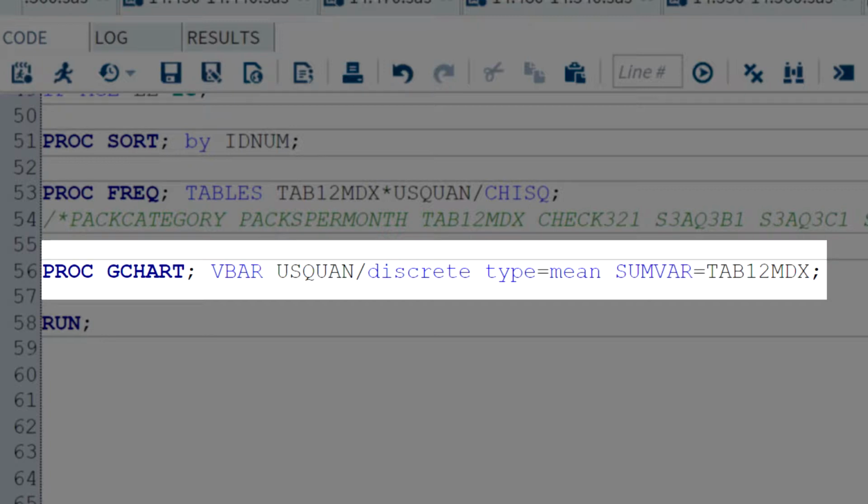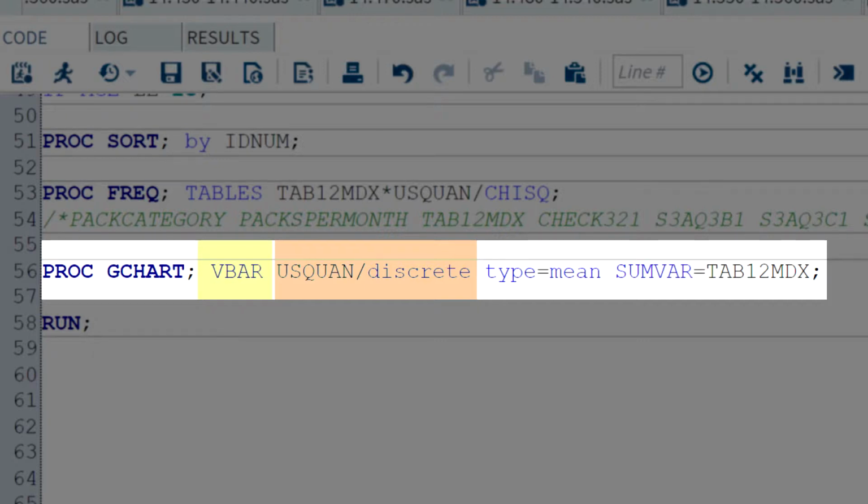First, we're going to quickly review what this code is telling SAS. Just like our proc gchart code in univariate graphing, vbar requests a vertical bar chart. Categorical explanatory variable USQUAN / discrete tells SAS that we want levels of our categorical explanatory variable to be represented on the x-axis.